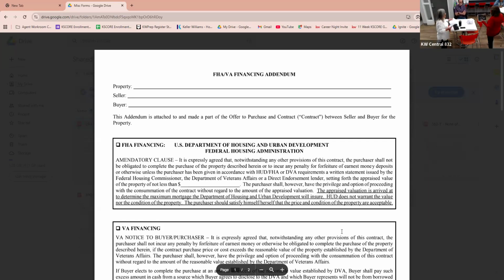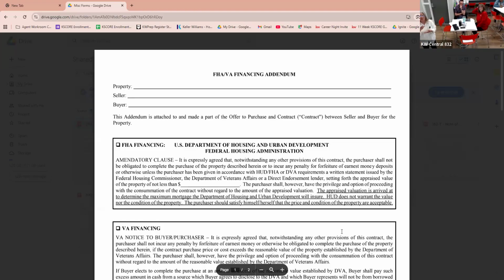All right. So we were just going over, we just started with the FHA VA financing addendum. Because this is a government form, it's very specific the way it has to be completed.